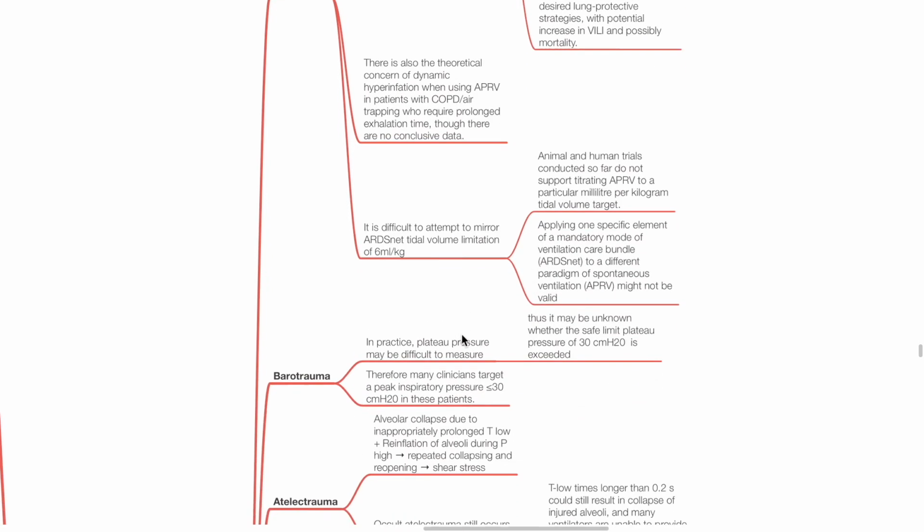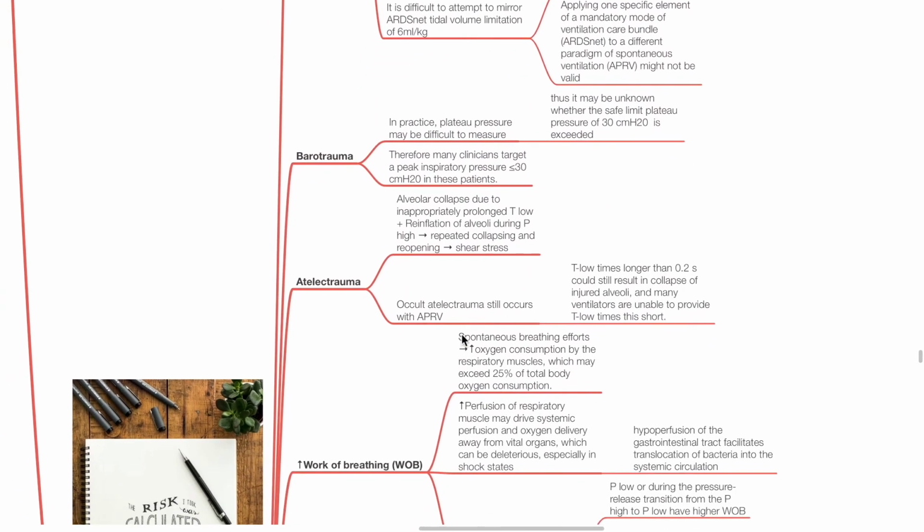Animal and human trials conducted so far do not support titrating APRV to a particular mL per kilogram tidal volume target. Applying one specific element of a mandatory mode of ventilation care bundle in the ARDSNet study to a different paradigm of spontaneous ventilation, such as APRV, might not be valid.